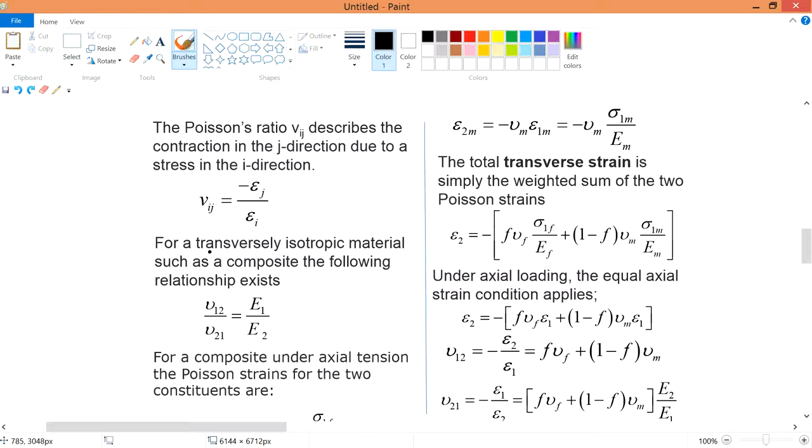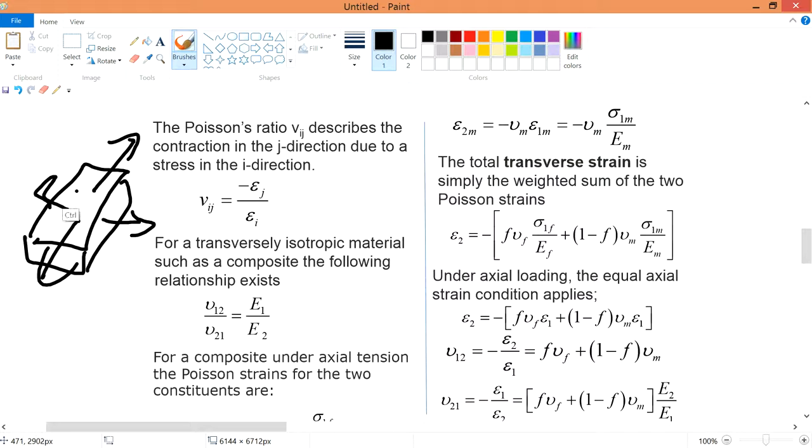So for a transversely isotropic material, instead of pulling in this direction, you are pulling in this transverse direction, and it's isotropic, meaning the material has equal resistance in terms of strength. It can withstand strength in all directions, all the same.